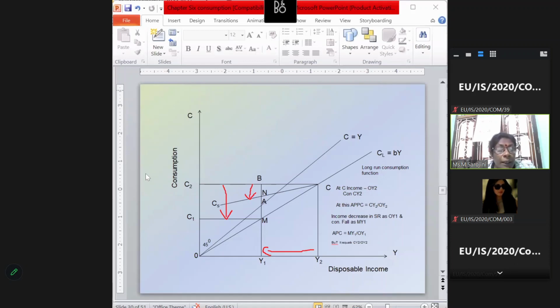Here the income decreases from Y2 to Y1. Consumption should decrease from C2 to C1.